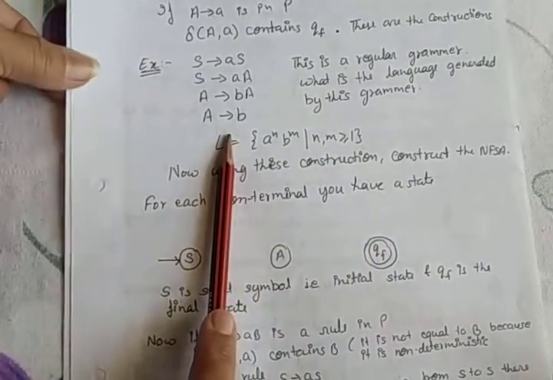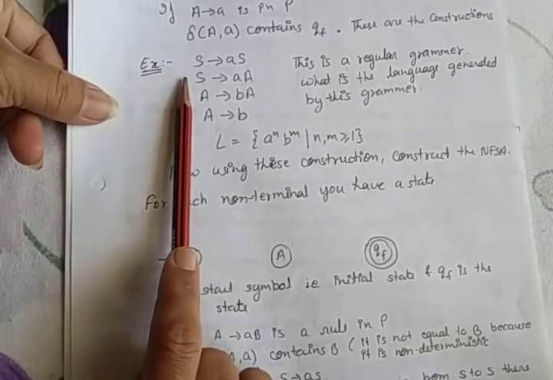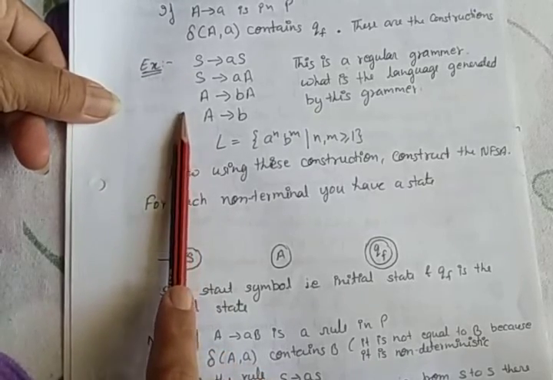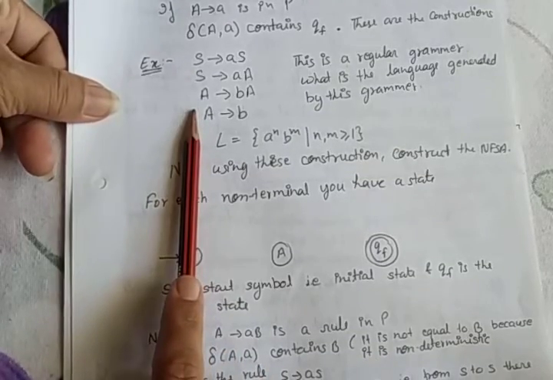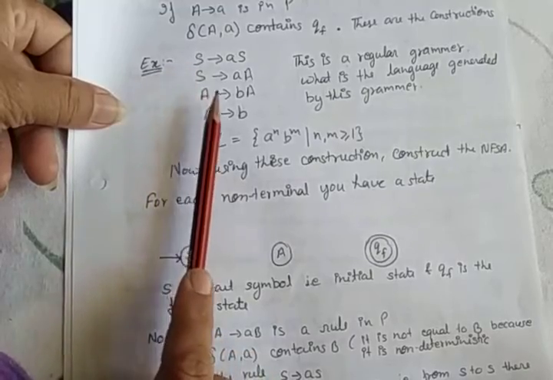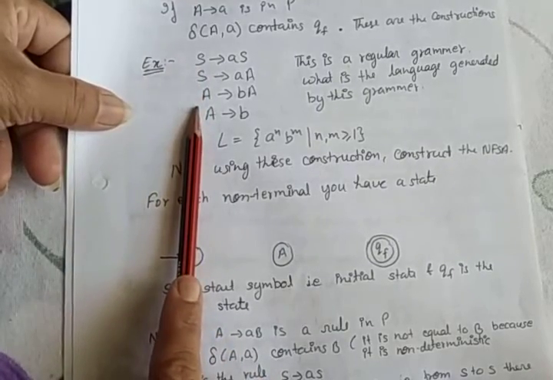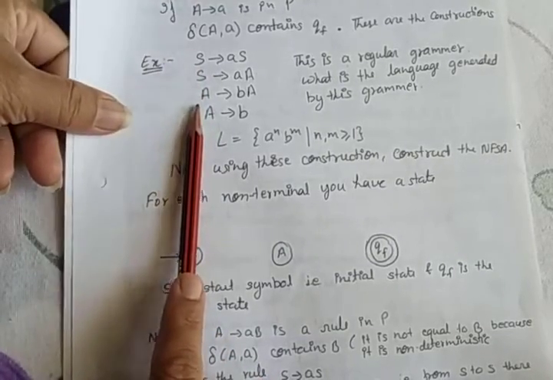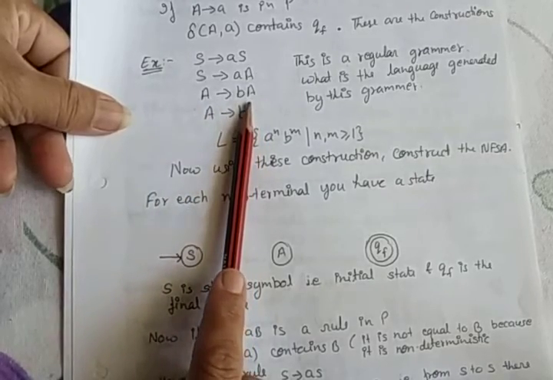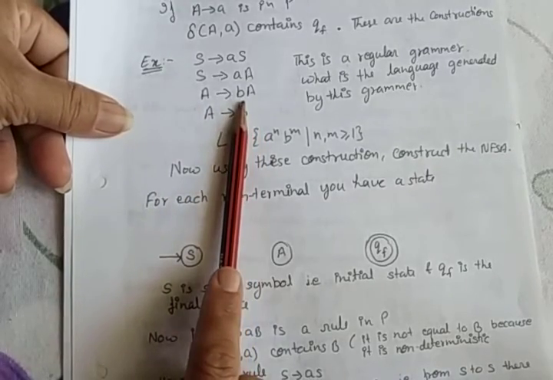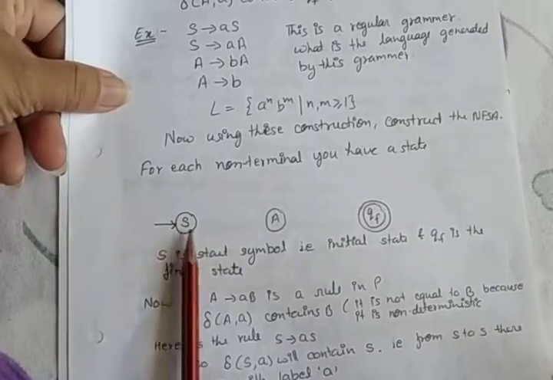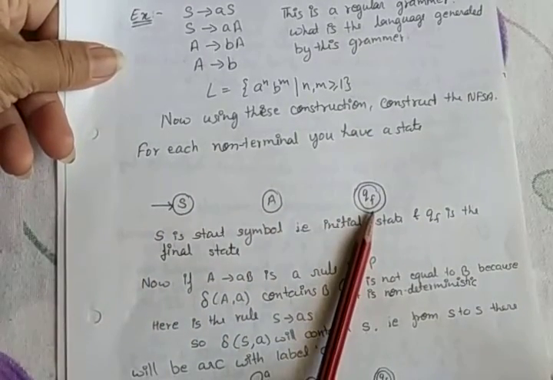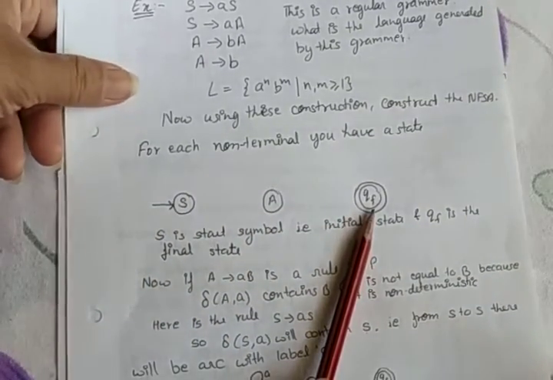So the total number of states will be the non-terminals union a final state. Here the non-terminals are S and A, and including one final state, we will have 3 states: S, A and QF, right?